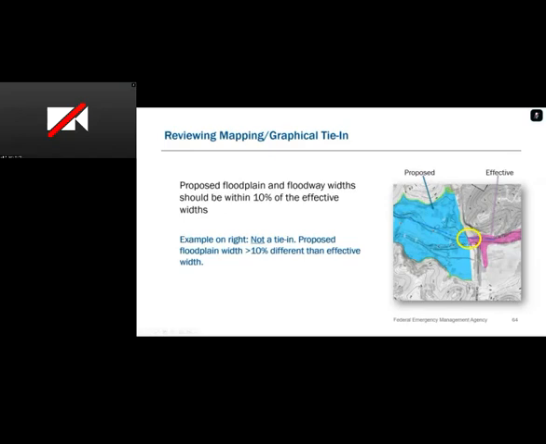We can see that this width is much greater than 10% different. But we logically can look at this and know that at this single location, based on the contours that they provided, the floodplain would not respond this way. So that is what we would be checking for.